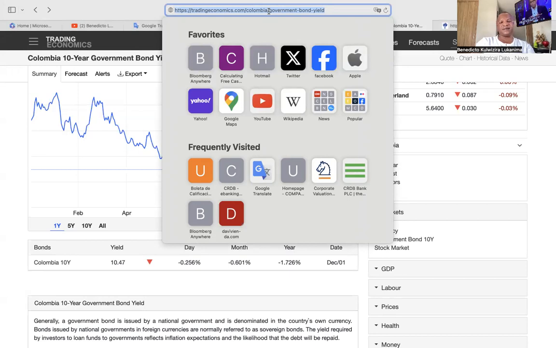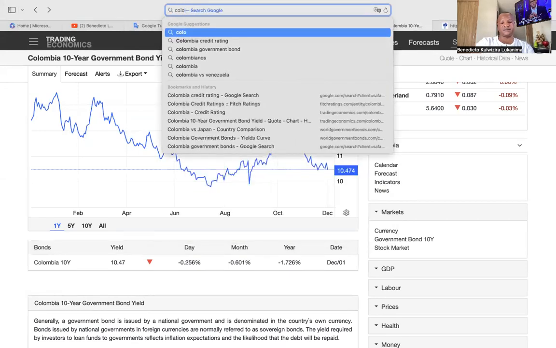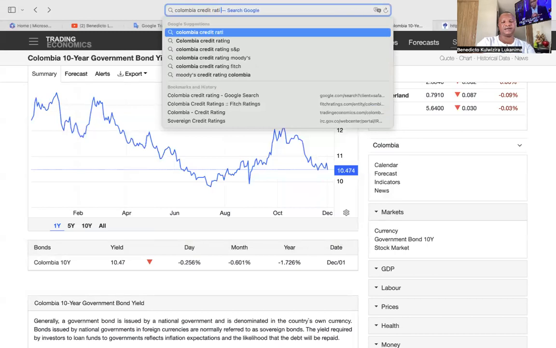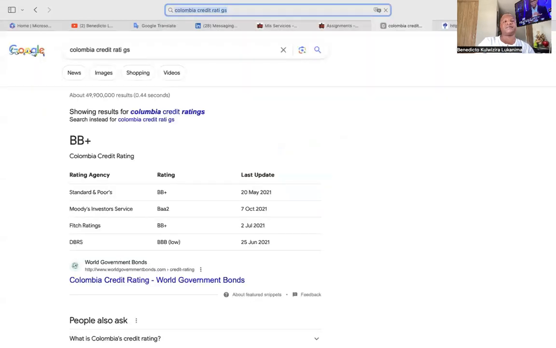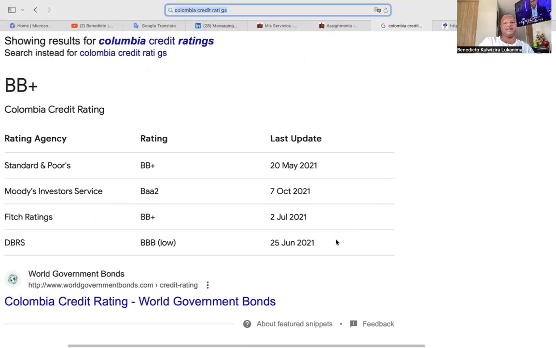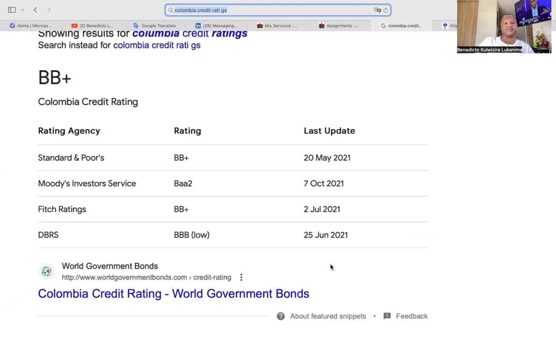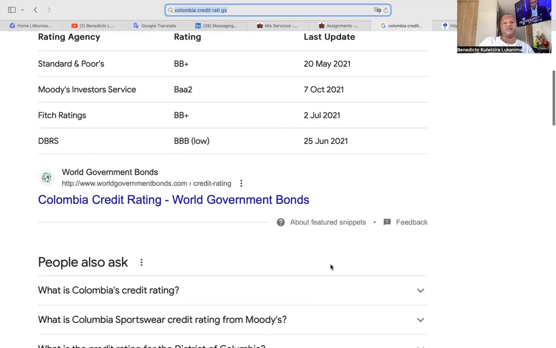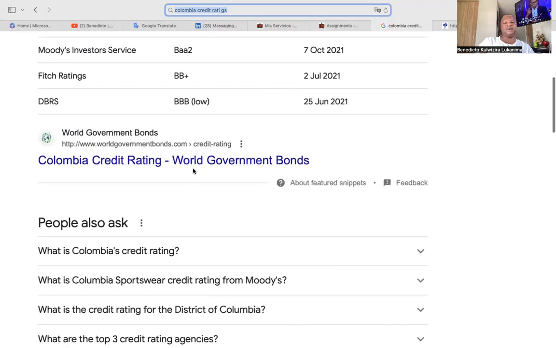So I'd like to write Colombia credit rating. So I will have several sources. And quickly, you can see different sources with different ratings. One of the sources is governmentbonds.com.